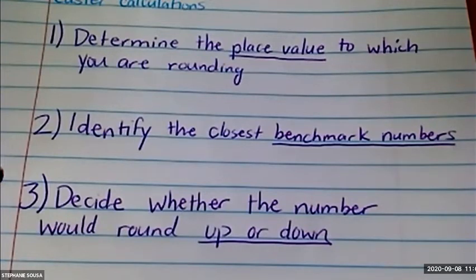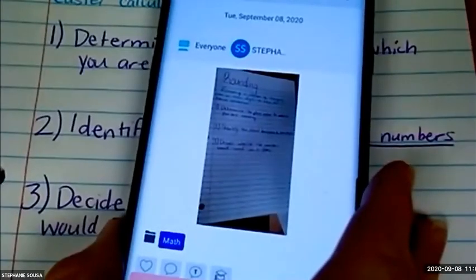It is processing and uploading. So if you need these later, if you lose your notebook, you couldn't find your notebook, you didn't have enough time, it is on Seesaw under the math resources folder, and it has just confirmed that it is uploaded. See, there it is.